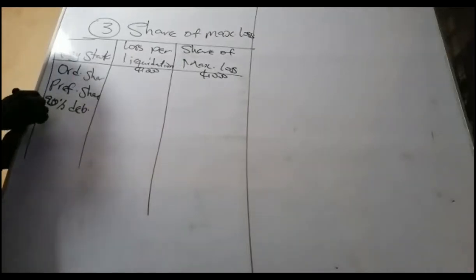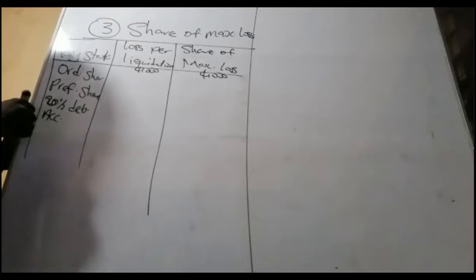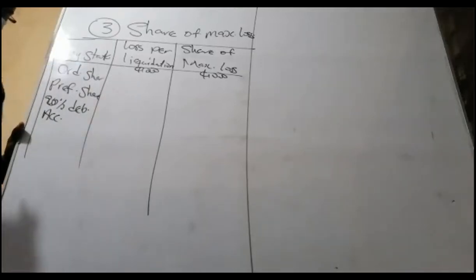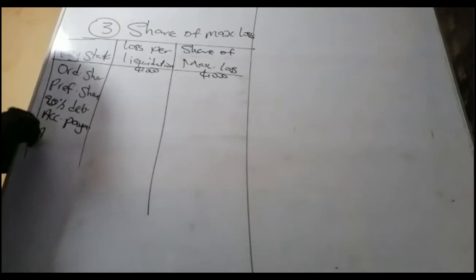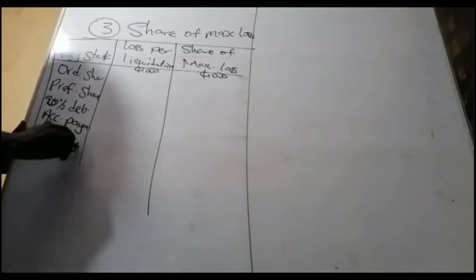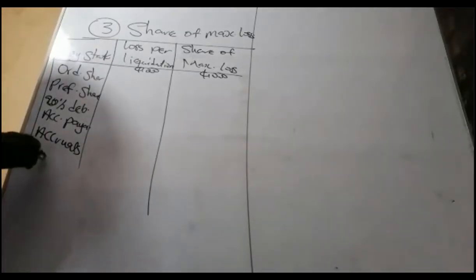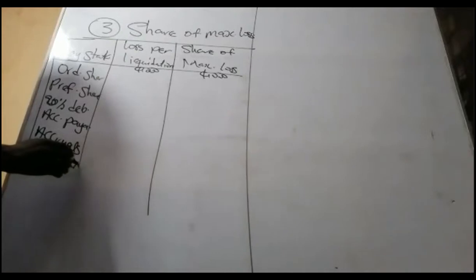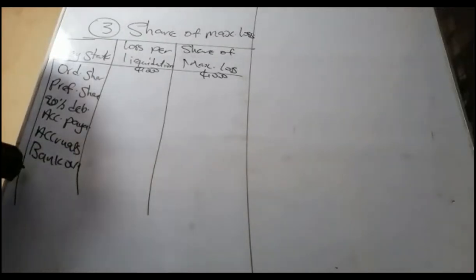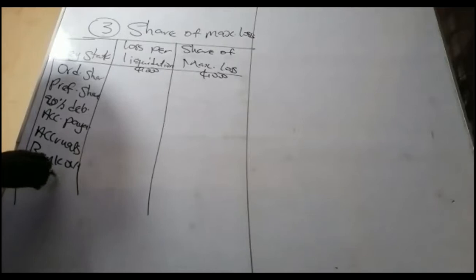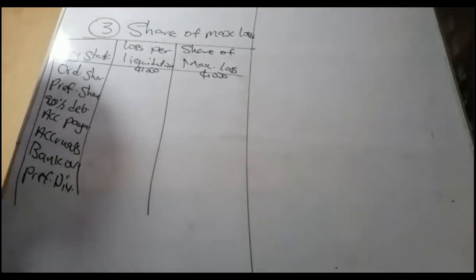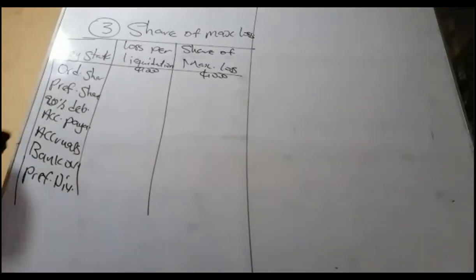Then the next one will be accounts payable, then accruals, then what again? And there's bank overdrafts. Then we have preference dividend in arrears. So these are the key stakeholders.